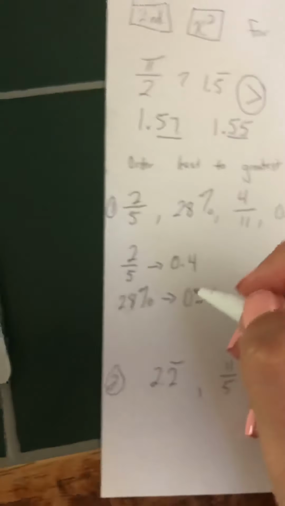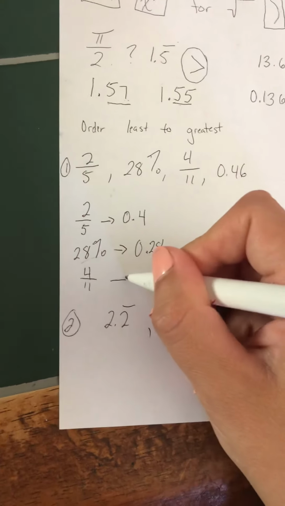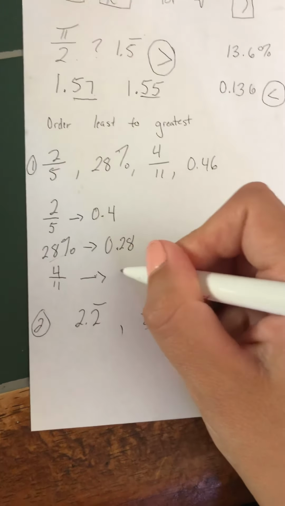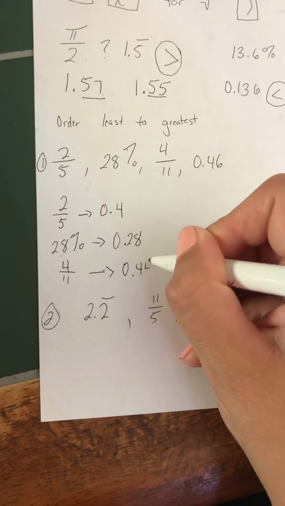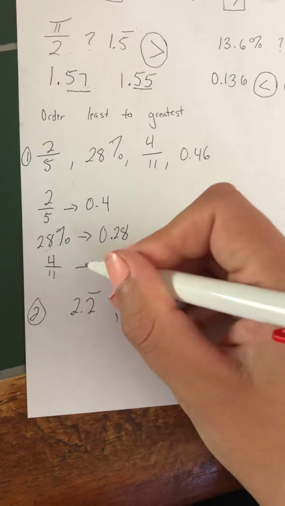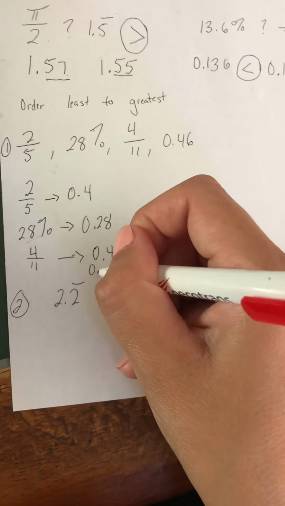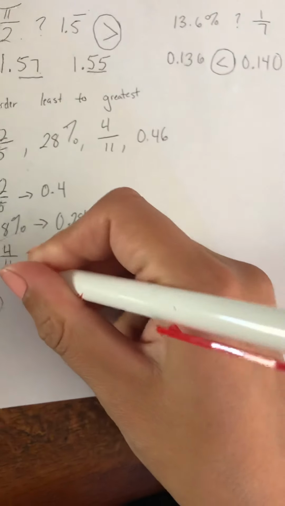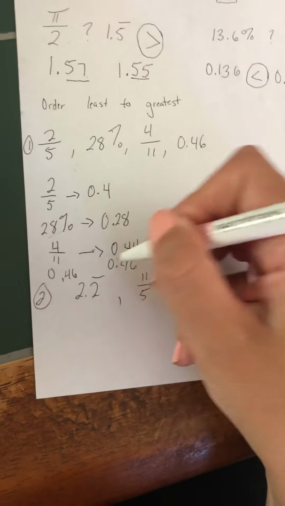Oops, sorry, I'm looking through the phone and not through my paper. 4 over 11 is 0.4 repeating, so I'll just put 0.44 because this has 2 places. And 0.46 is just that. It doesn't change. I'm going to write that there, 0.46.